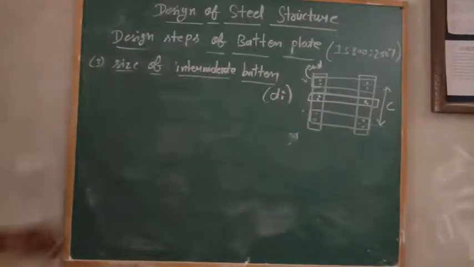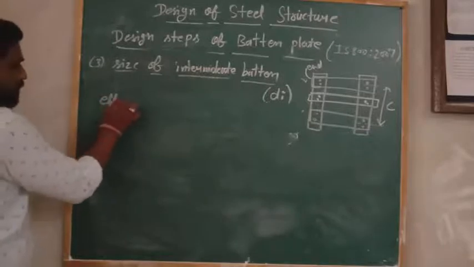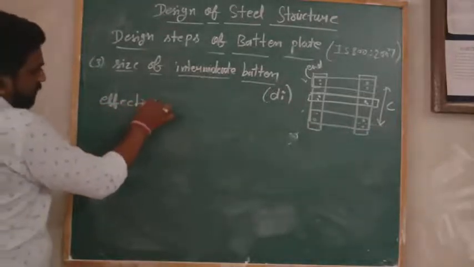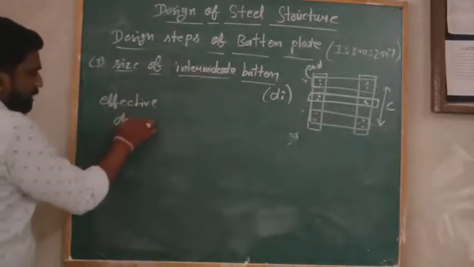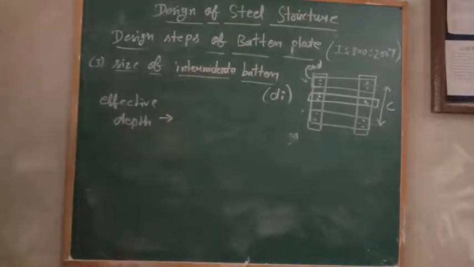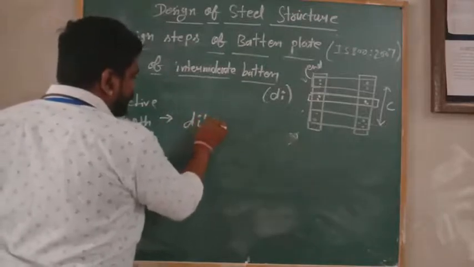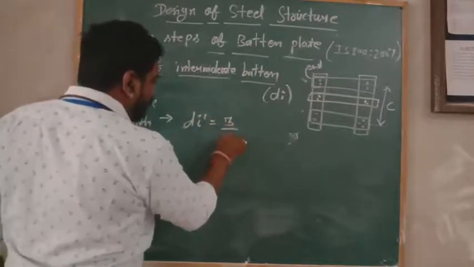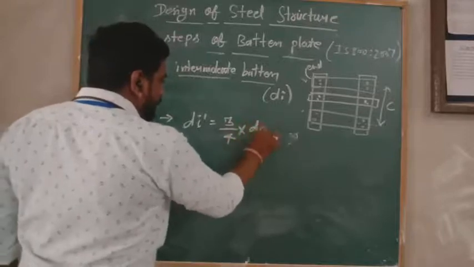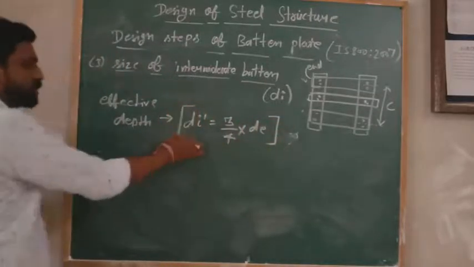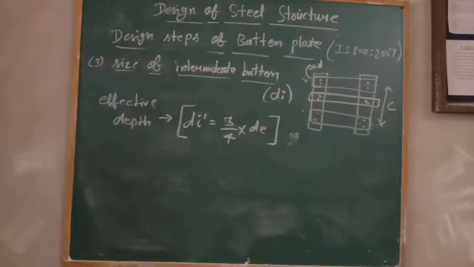The effective depth DI dash is equal to 3/4 into DE, where DE stands for the size of end batten. Then we find the overall depth.